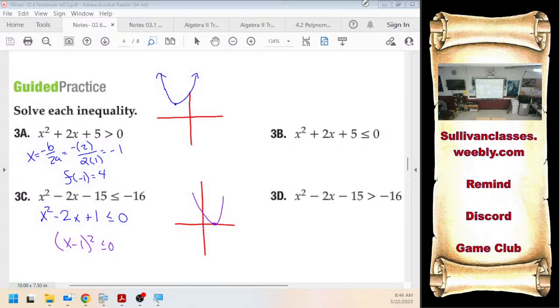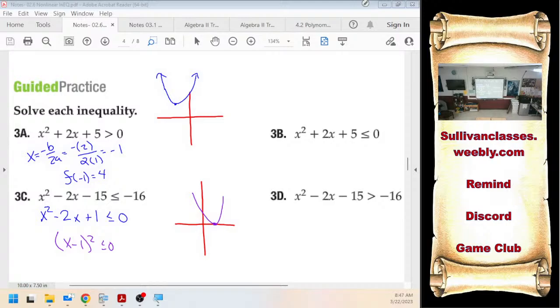Okay, so the first one, earlier I had put the discriminant up there. That just tells me real zeros or not. You remember you could just find where the vertex is too? Negative b over 2a, plug it in. If I find out my vertex is going to be at negative 1, 4, well, that's above the axis.